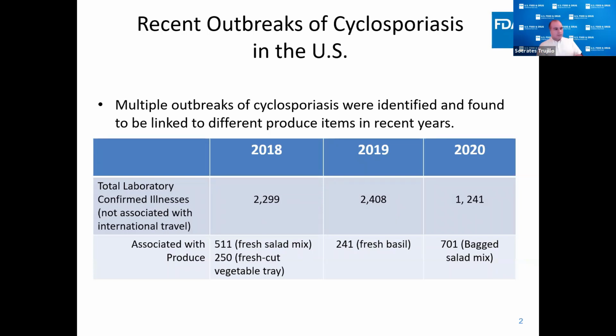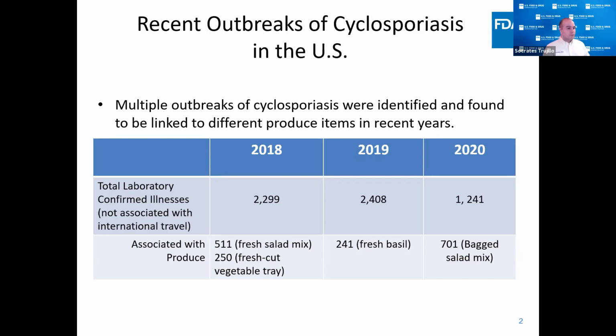Unfortunately, the data that we have from approximately 2018 onward shows outbreaks associated with the consumption of produce, either fruits or vegetables, that were potentially grown and harvested in the United States, indicating that the source of the parasite was domestic produce.